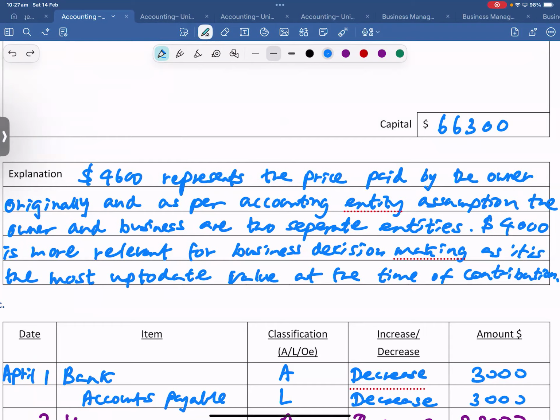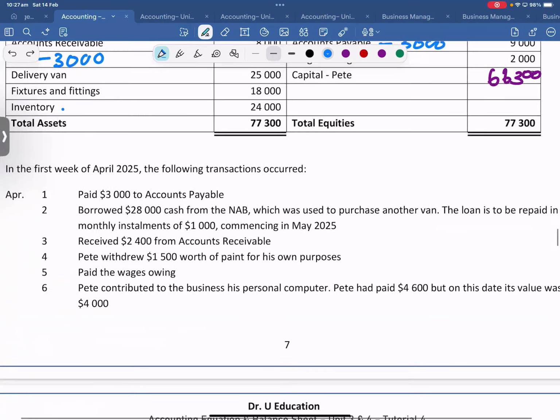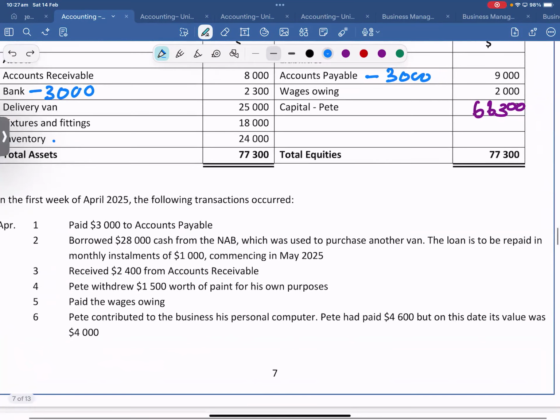Okay. Now we can look at the second one, April 2. Borrowed. Now you're ready. That would be bank. So your bank would decrease. Yes. How much? 28,000.